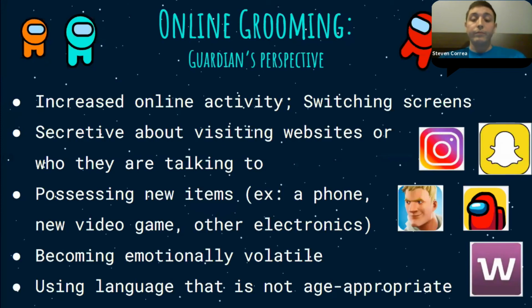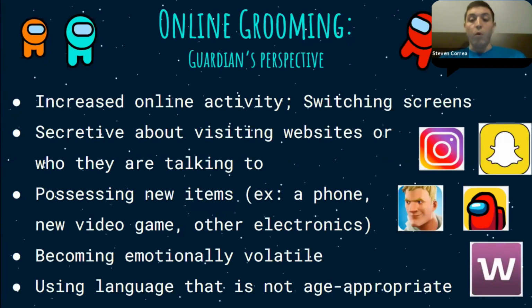Becoming emotionally volatile. So maybe they start becoming overdramatic, having anger problems, more emotionally unstable than they ever were before. And then it could possibly be they're using this as a way to disconnect you from them and then go back to their online activities, or where they have that person where they think that they're connected to and that understands them.